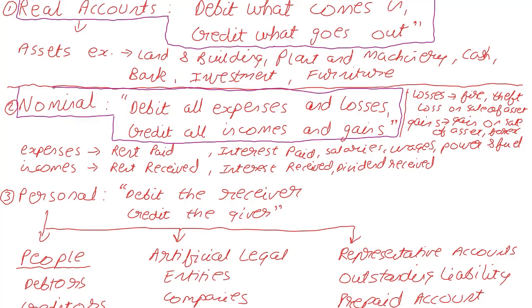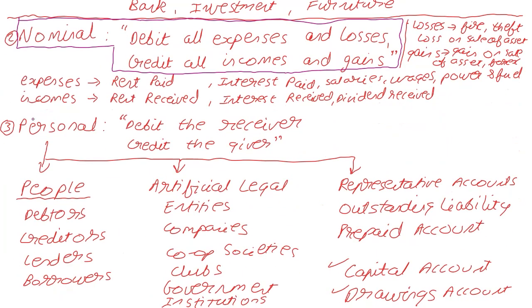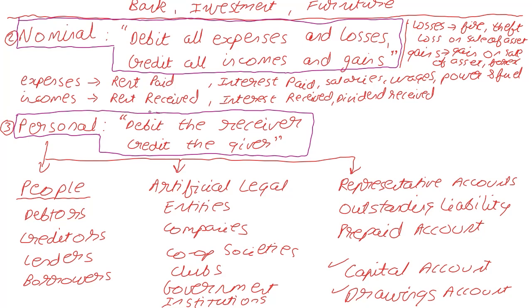I'm purposely putting it into a separately colored box because I need you to memorize these golden rules. Real account, debit what comes in, credit what goes out. Nominal account, debit all expenses and losses, credit all incomes and gains. And finally, the personal account, where we debit the receiver and credit the giver.